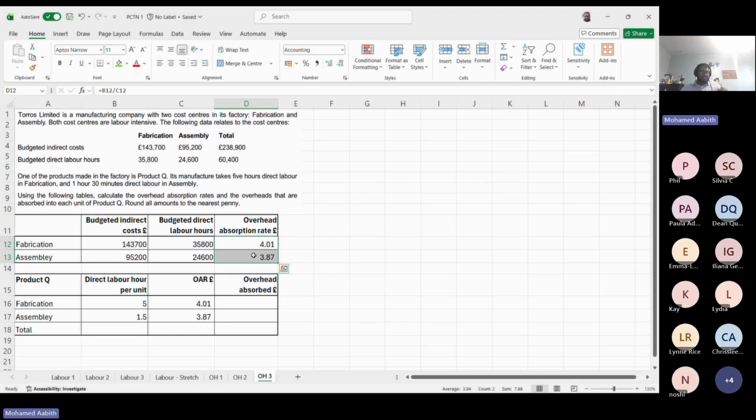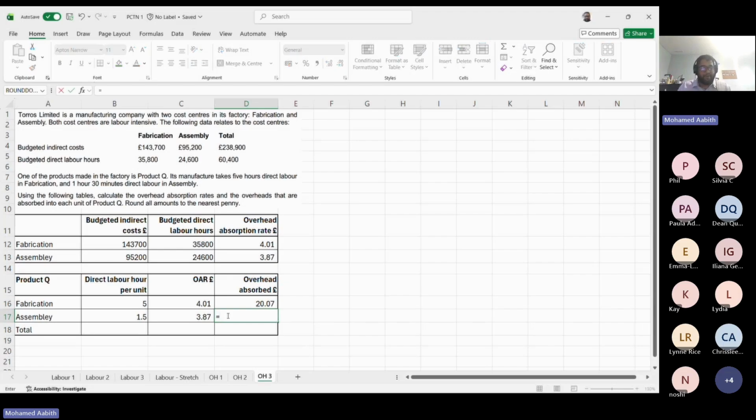With these two rates of absorption, how much overhead am I going to be absorbing? On the fabrication department overheads, it is this times that: £20 and 7 pence of overhead absorbed.